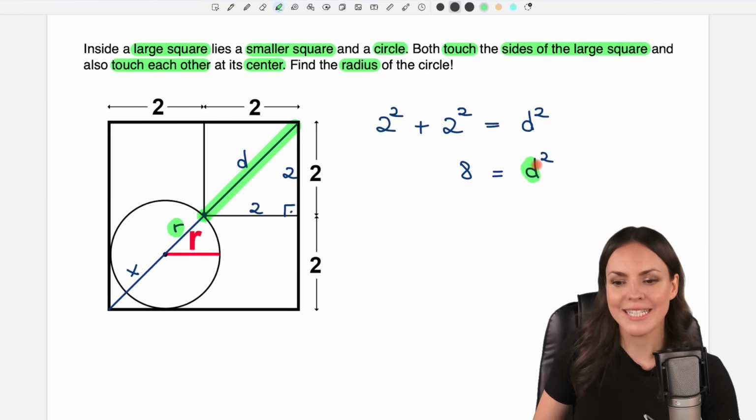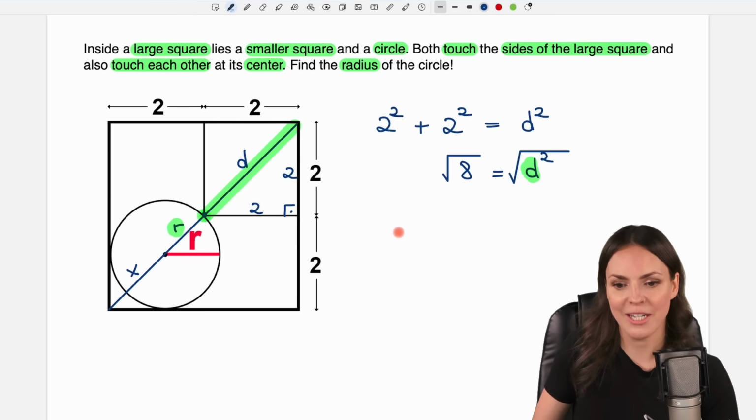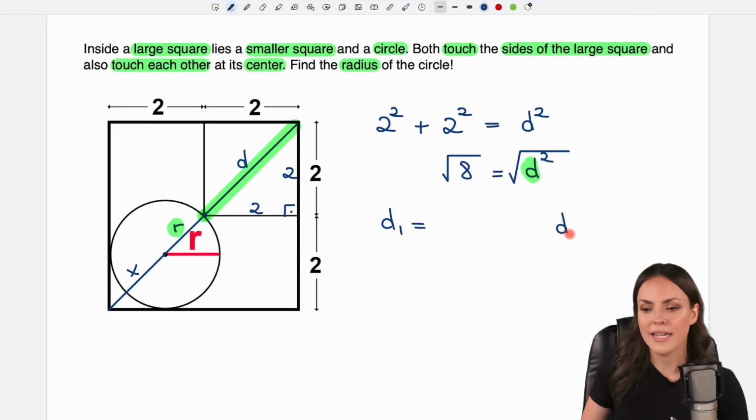We want to solve for d, so we want to get rid of the square, so we can just take the square root on both sides of the equation. If we take the square root, we get two solutions for d. A positive solution, d1, and a negative solution, d2.